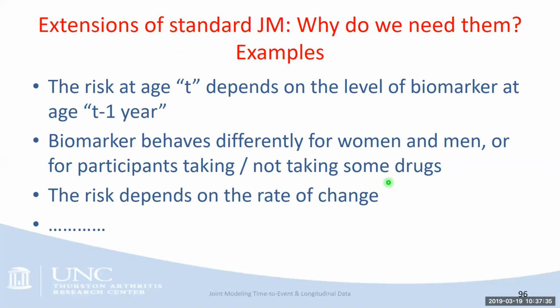Imagine you have data from lung cancer patients, and you have a time-to-event outcome, time to death from lung cancer, and your time-dependent covariate is the number of cigarettes the patient smoked every day. So you probably can run joint model with this time-varying covariate and will observe very strange results. You will probably see that the number of cigarettes is negatively associated with the risk of death. Why?